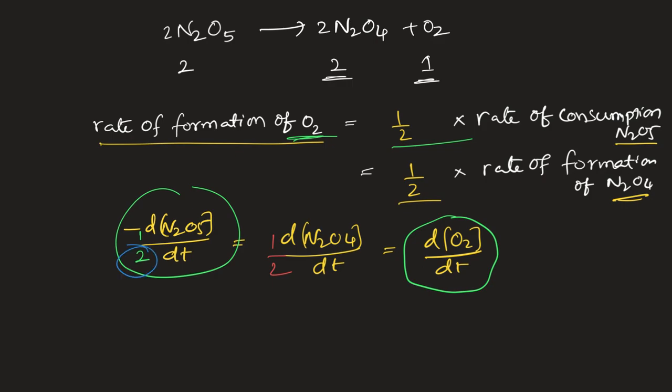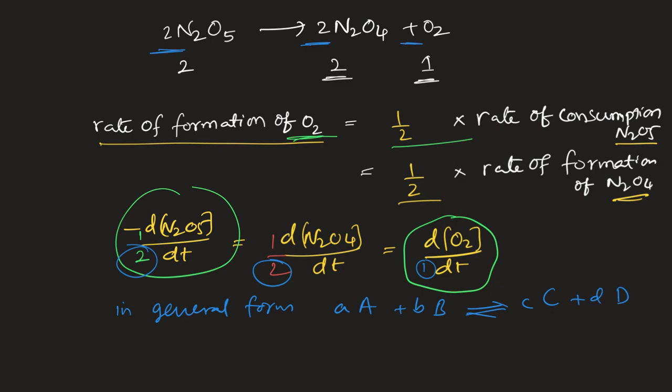These two, and here nothing is there, meaning 1. These are stoichiometric coefficients of the reactant. Here 2, here 2, here 1. Therefore, these are stoichiometric coefficients. So in general form, a moles of A, b moles of B gives rise to c moles of C and d moles of D. Then what is the rate expression?